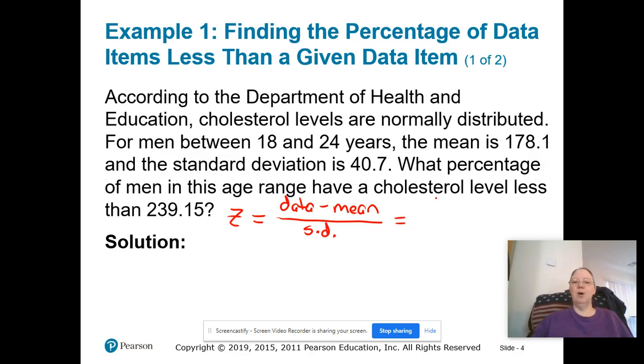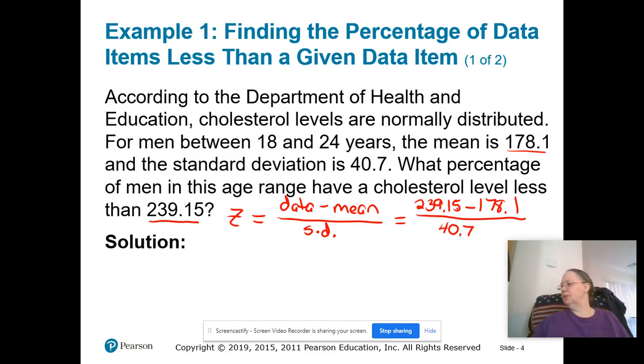So our data item, there we go, 239.15. And we're going to subtract the mean, 178.1. We're going to divide it by the standard deviation.